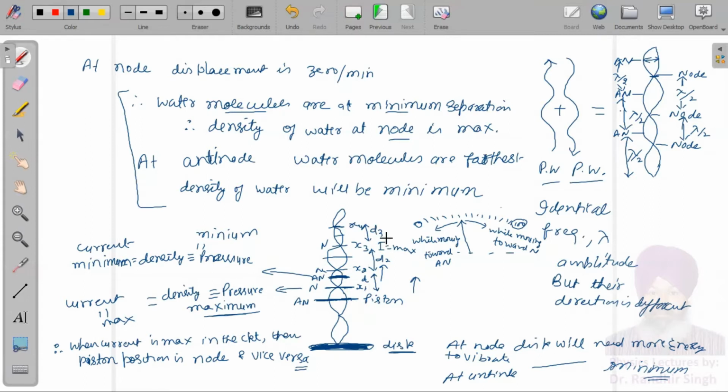Whenever the current was maximum, instead of speaking, let me change the color.